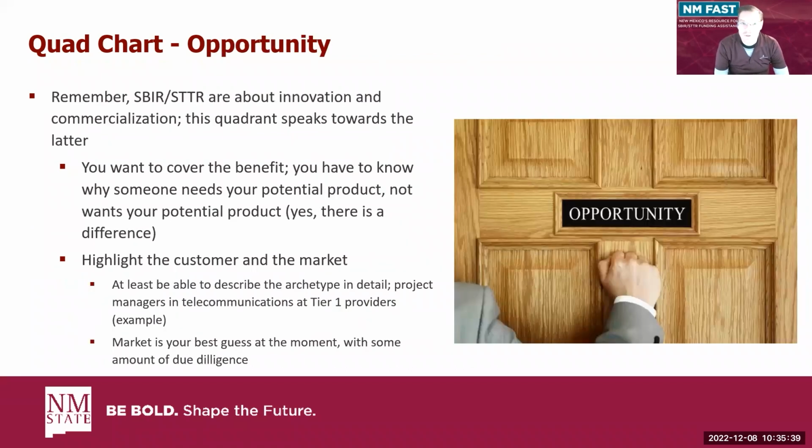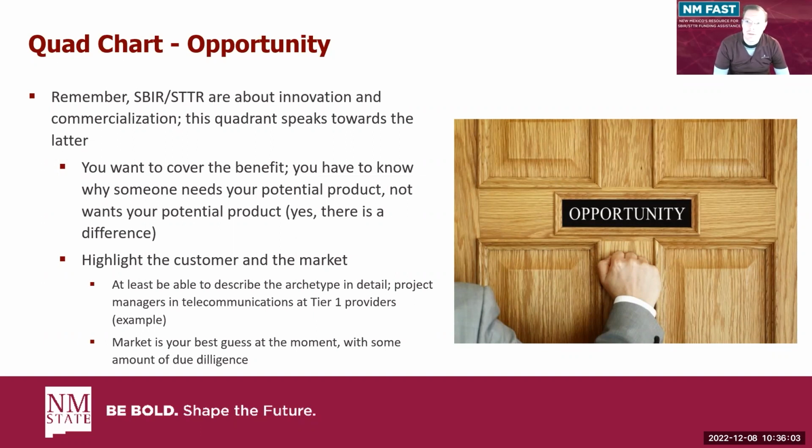Your last quadrant on your quad chart is really the opportunity. I don't know if I would really call it a misnomer here, but it's something that a lot of people don't really get when they're thinking opportunity, because the opportunity here is, why is this an opportunity for the market? Who cares about this?